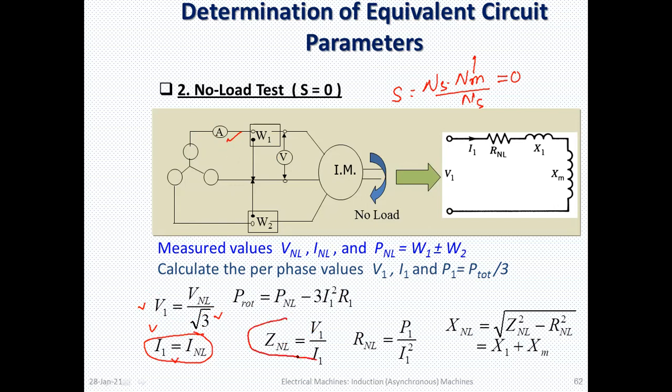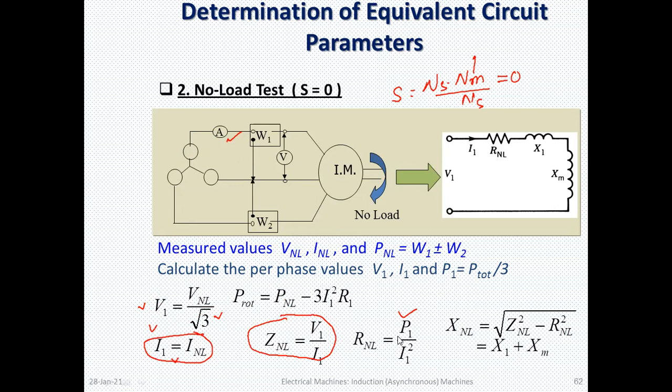So here we can find the no load impedance. The power is also known from the wattmeter measurement W1, and I1 is known from the ammeter current.